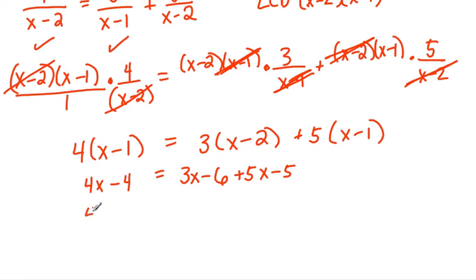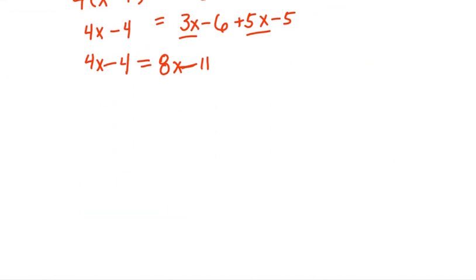Now, what would I do? I'm going to leave the left side the same, and 3x and 5x would be 8x minus 11. Then what? Add 4? Okay, you can do either one of them. Well, I would subtract 4x, because if you move your variable first, you can pick when it's positive.